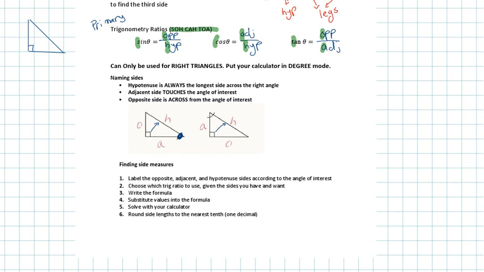So the angle of interest, this is its opposite side, right? It's the side that's across from it, so I call it opposite, and that's why it's labeled as O. If you look at this one, your opposite side is right here, so that's why this is the opposite. Okay? It all depends on your angle of focus.